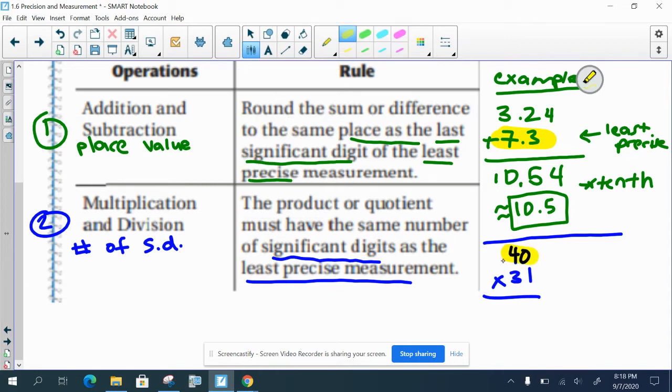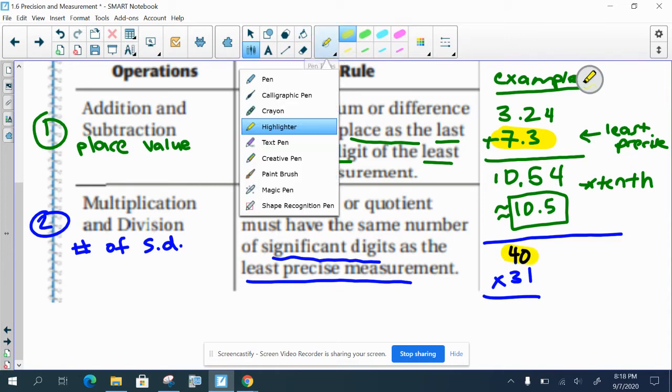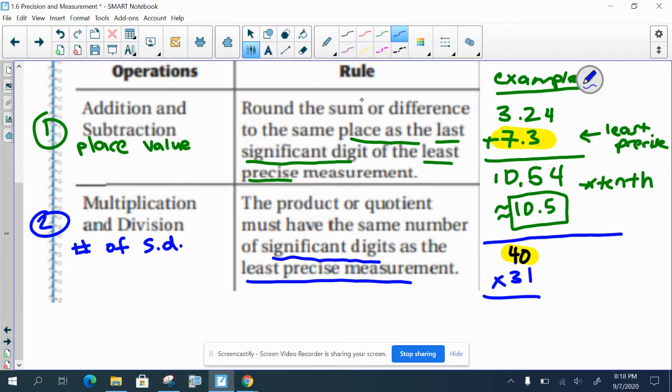This is the number that we're going to use to determine how many significant digits our final answer will be. So it says it has to have the same number of significant digits as 40. Well, how many significant digits does 40 have? It has one significant digit. So that means our final answer is going to have one significant digit.